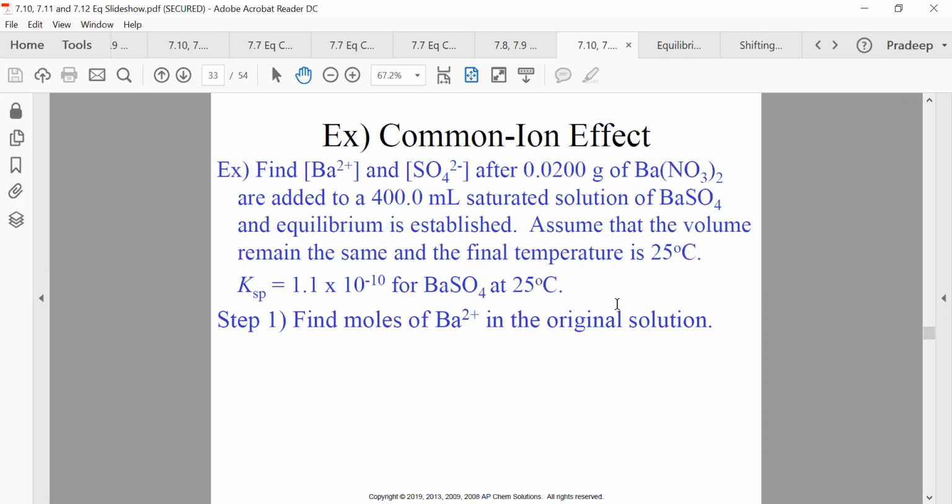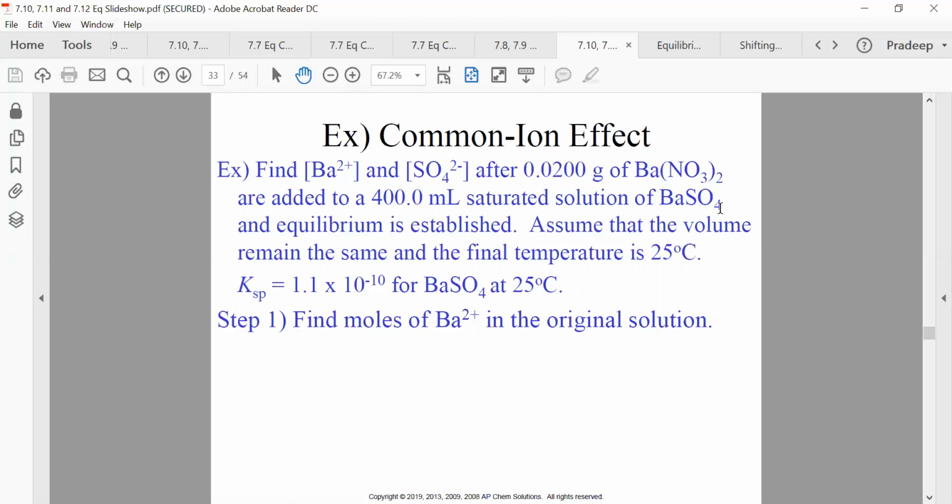I will post that on the Word document on your portal or your Google Classroom, so we can solve that as a homework. So find the concentration of Ba2+ and the concentration of SO4 2- after 0.2 grams of barium nitrate are added to 400 mL of saturated solution of barium sulfate.